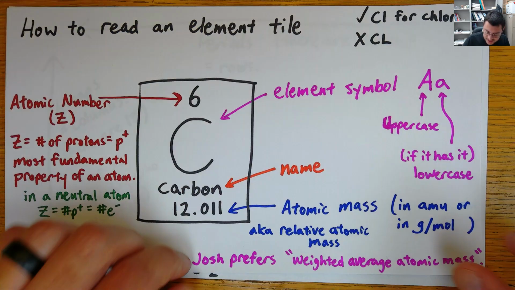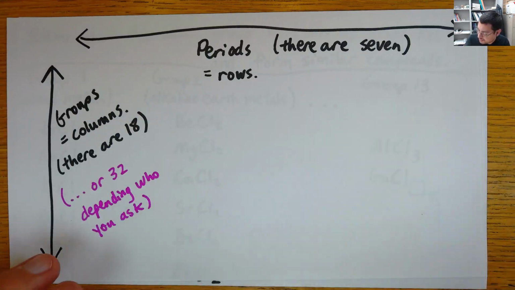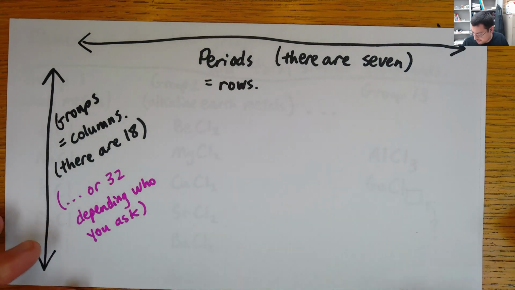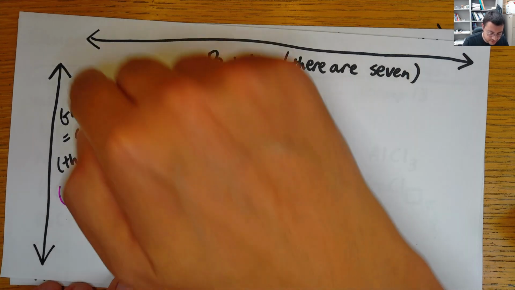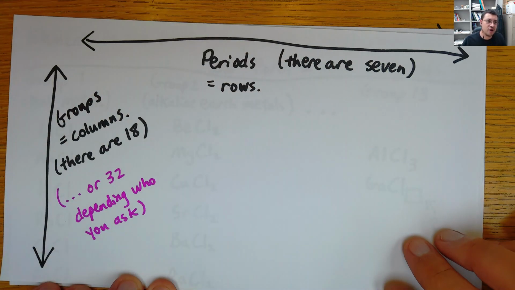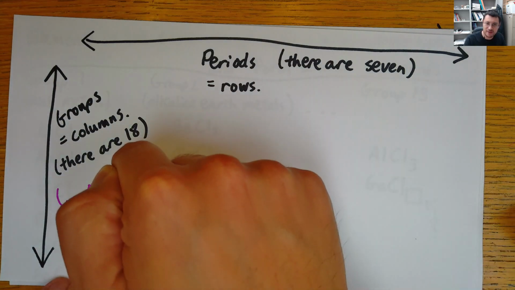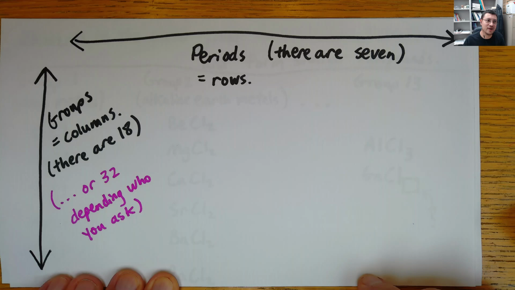All right, so that's the element tile. How about the organization? We have groups, which are columns, also known as families. There are 18 columns, or depending on who you ask, maybe they'd say 32.